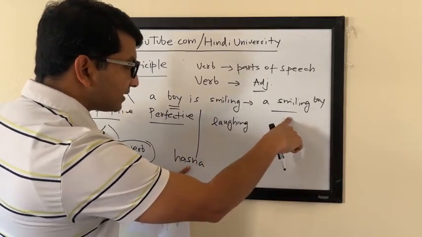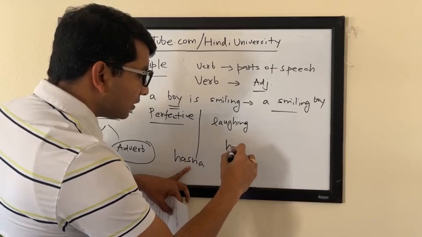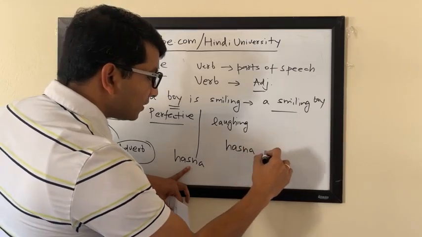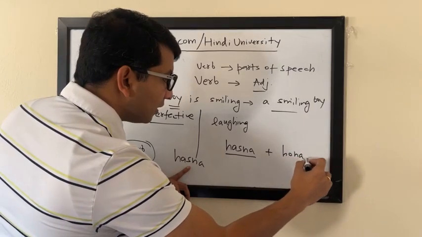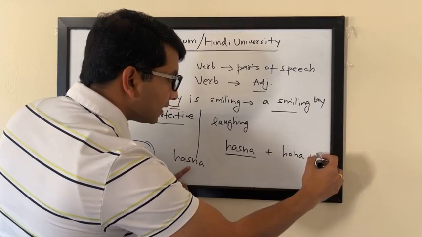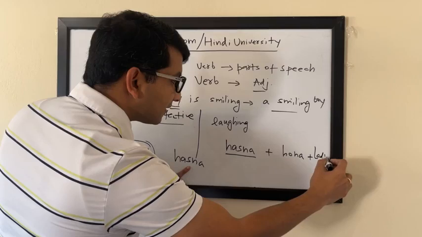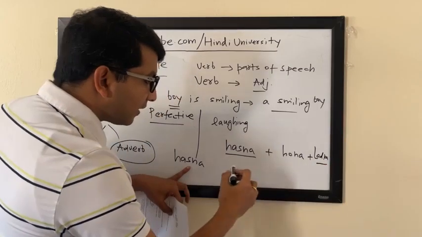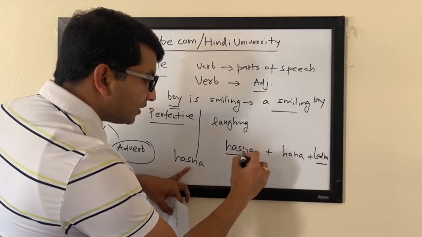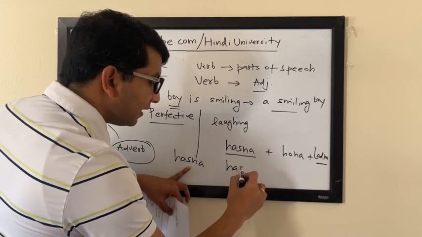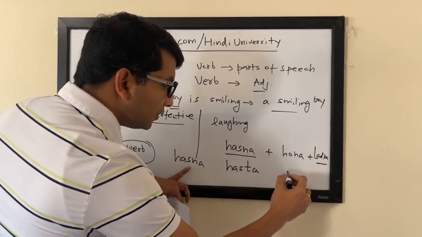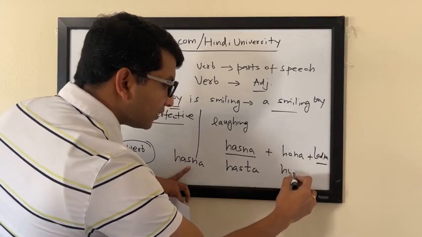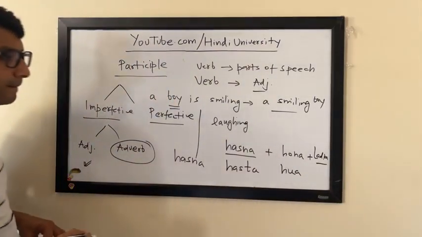When you want to use it as an adjective, we take the form of the verb along with the form of hona, and then we say ladka after that. Based on the ladka, we remove the na and we say ta. For hona, we use the masculine singular form, and it's going to be hasta hua ladka.